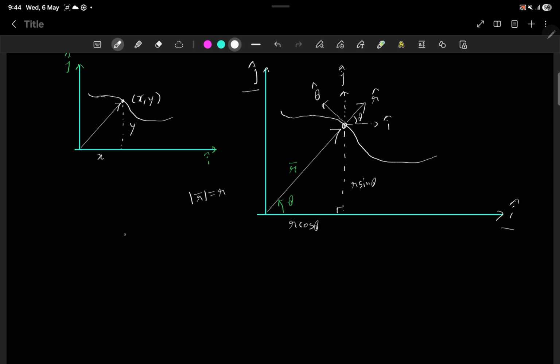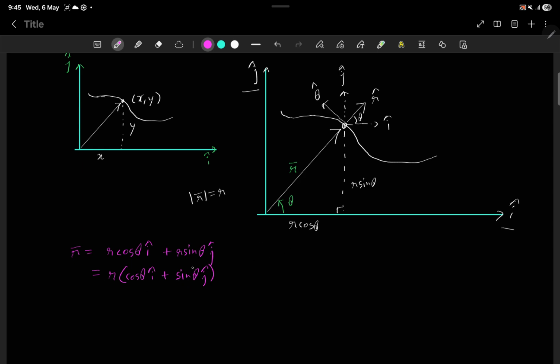So I can write this r vector as r cos theta i cap plus r sin theta j cap. If I take r common, it is cos theta i cap plus sin theta j cap, and this is a unit vector.